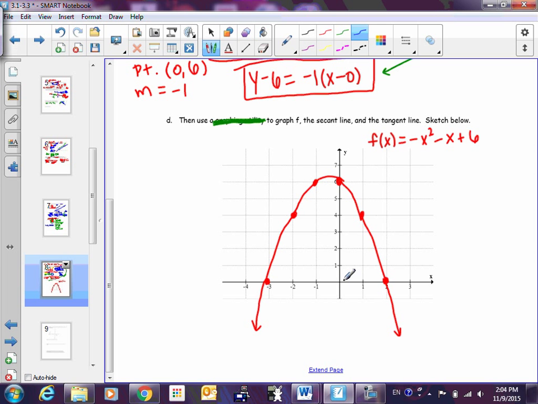And the more points you plot, the more accurate your parabola will look. Okay, so that's my f of x. Let's label it somewhere on there, f of x.